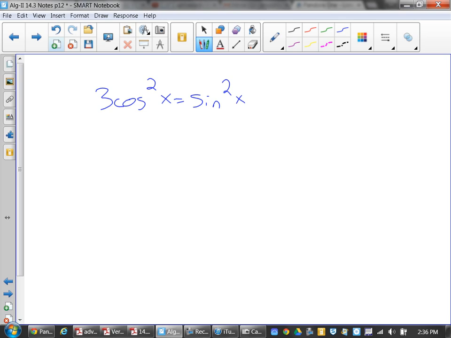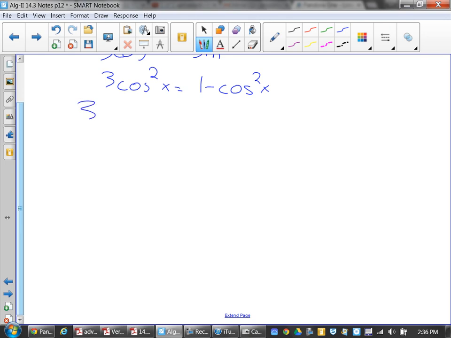Yes. All right. So we have 3 cosine squared of x is 1 minus cosine squared of x. Move the stuff over. What's 3 cosine squared plus cosine squared?